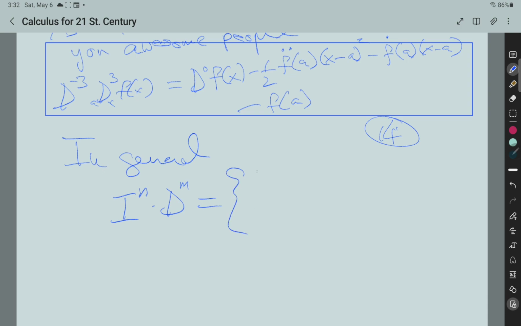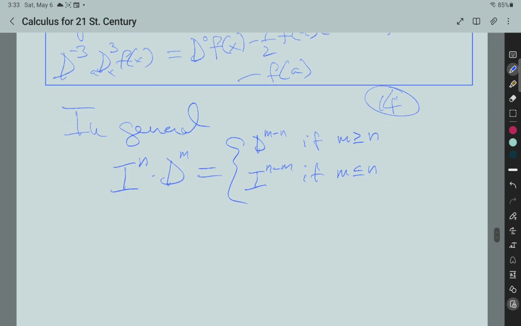It's either going to be differentiation if m is greater than n, and then it's going to be integration if n is greater than m, if m is less than or equal to n. Okay, so in general, that's what happens if you have this combination.